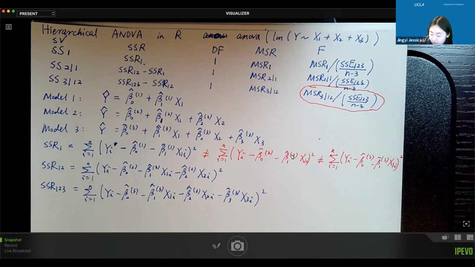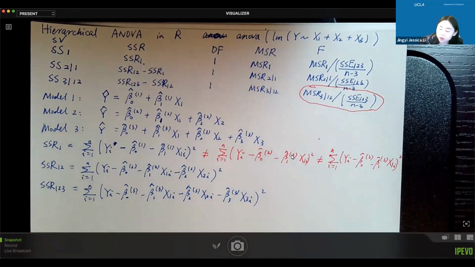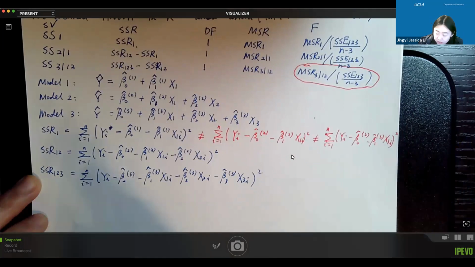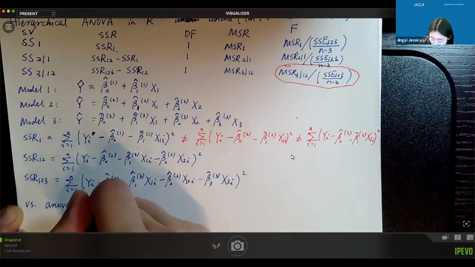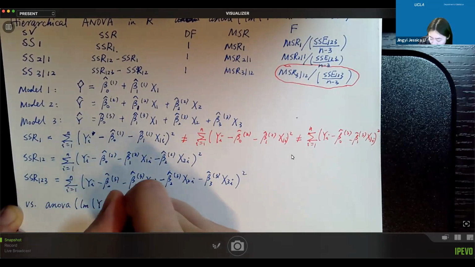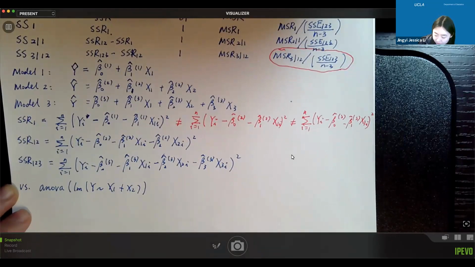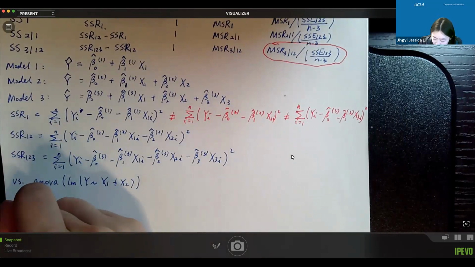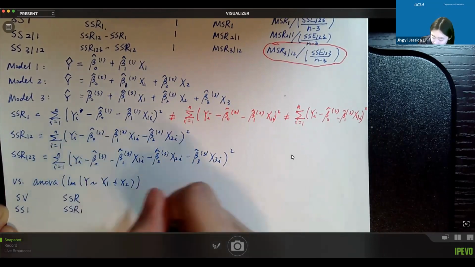Now, the question is, how about the first F-statistic, and the next one? I said that we don't want to use it because it's a little confusing. The reason why it's confusing is that if I do just ANOVA of lm with y tilde x1 plus x2 only, then for the first row, if I still call that SSR1, this stays the same.